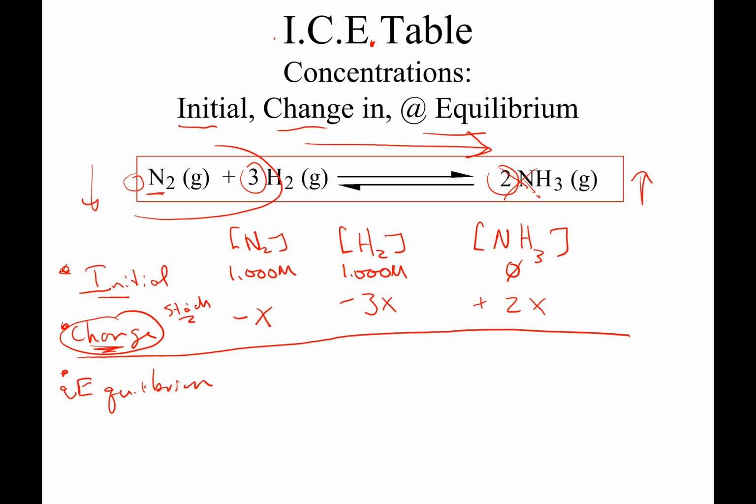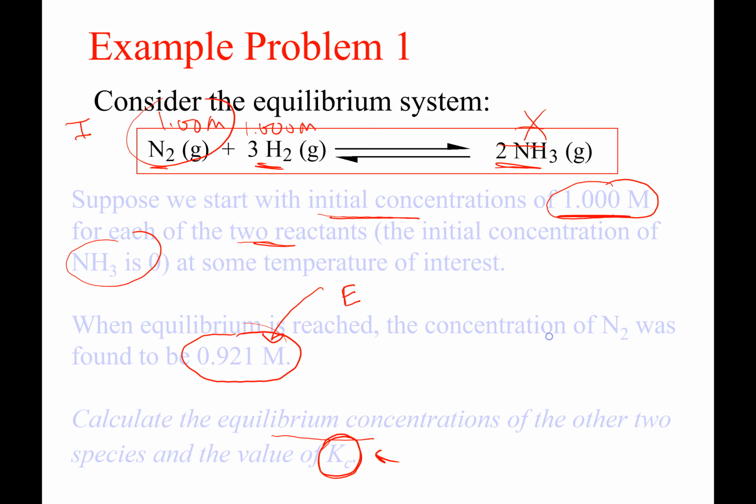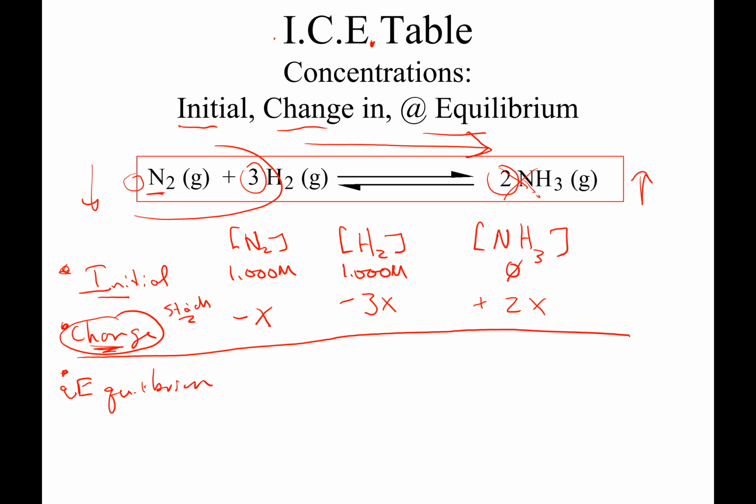Now I'm going to write down the equilibrium concentration, which was 0.921. Remember that number. So we had 0.921 moles per liter as our equilibrium concentration of N2. Can you see what x is then?